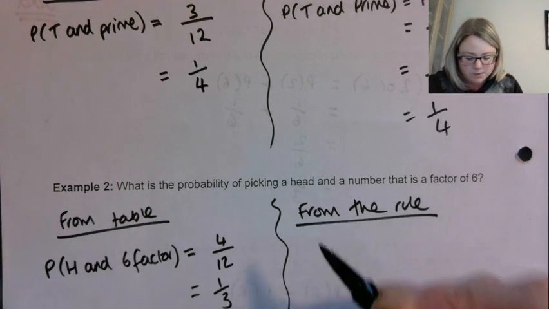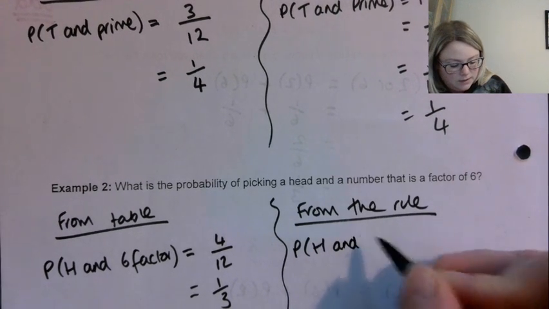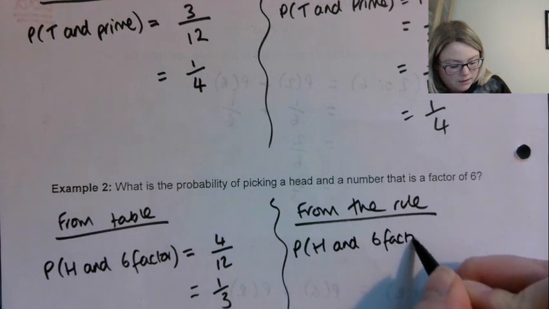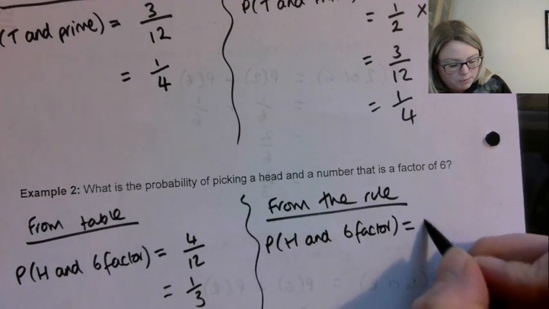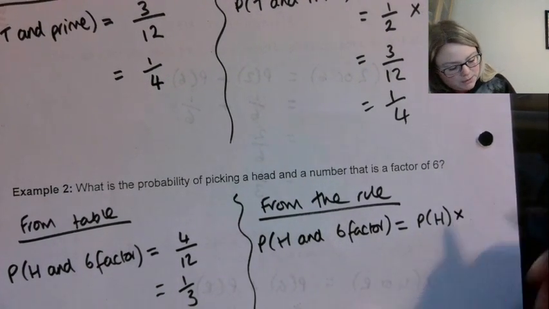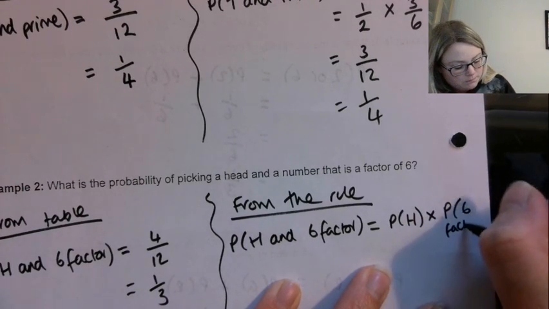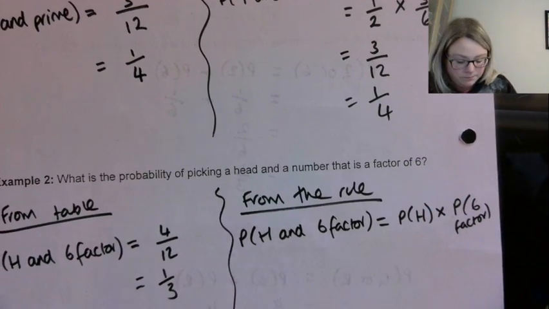Okay, from the rule, probability of head and a factor of 6 is going to be the probability of a head, because it's and, multiplied by the probability of getting a factor of 6.